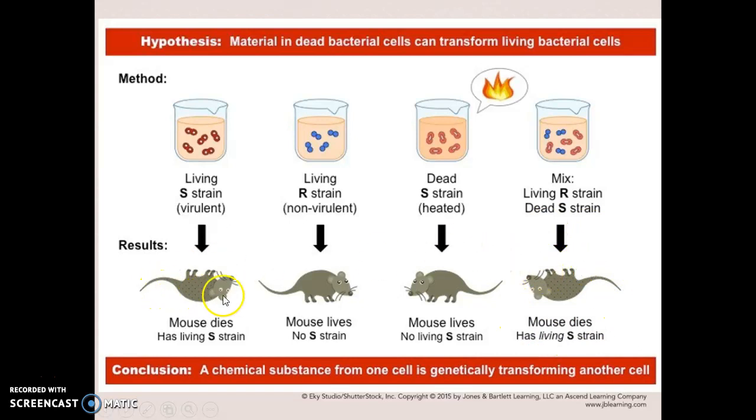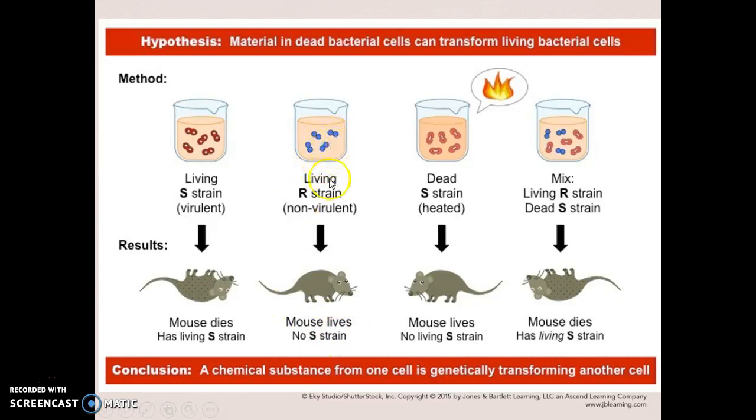After each of these experiments, they did an autopsy on the mice. They either took the dead mice or they killed the mice, and they looked for the bacteria. In the first case, with the S strain, you found living S bacteria. In the second one, the mouse lived, and when they looked at the tissues, they found no S bacteria.